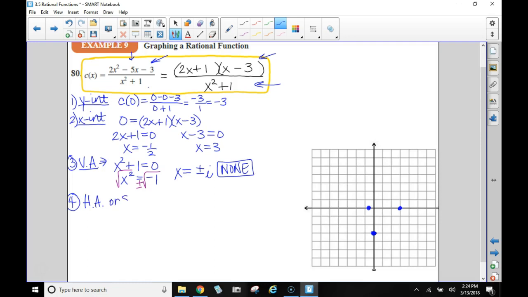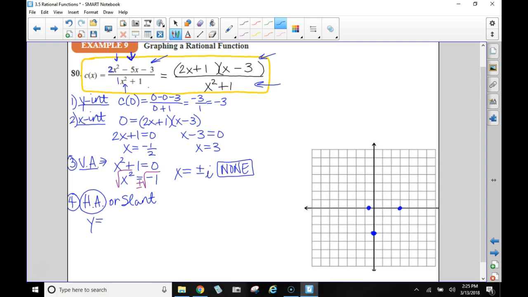All right, are we going to have a horizontal or slant asymptote? Okay, well, let's look at the degree of the numerator versus the degree of the denominator. I kind of like to look at that in this form. The degree of the numerator is 2. The degree of the denominator is the same, 2. Both of these are x squareds. And so we are going to have a horizontal asymptote at the line y equal to the ratio of the lead coefficients.